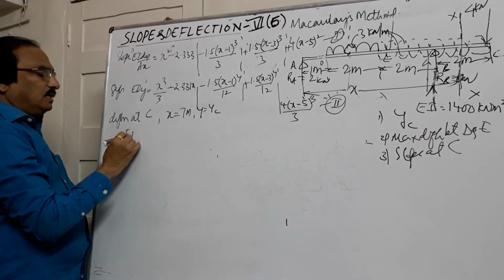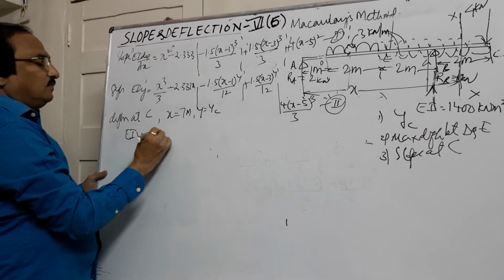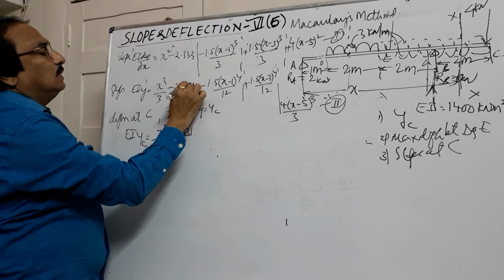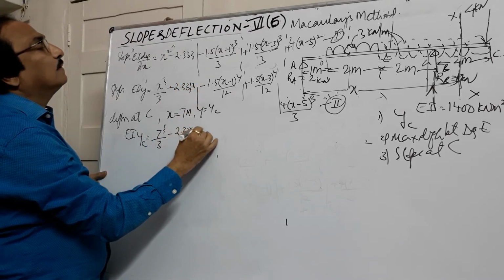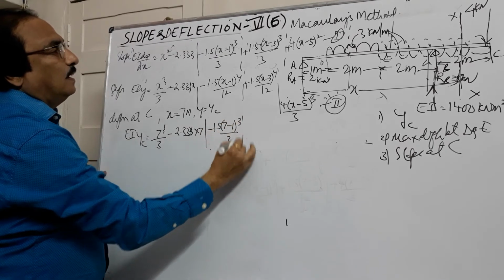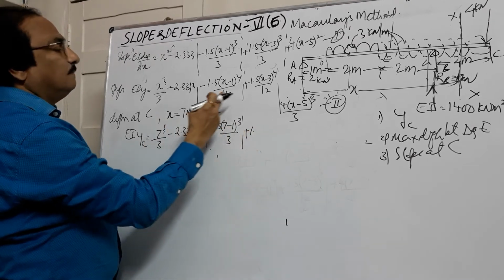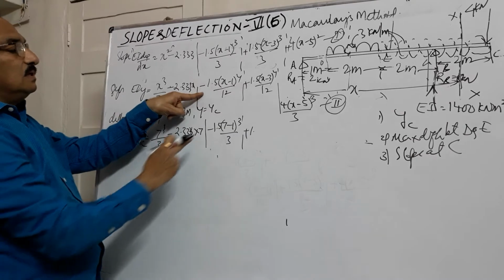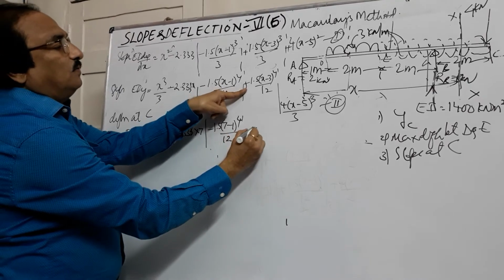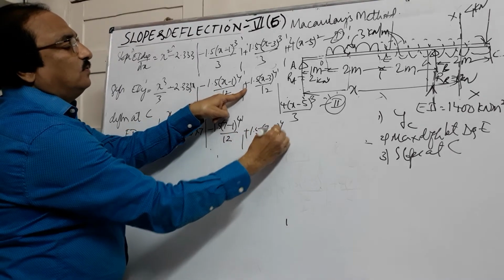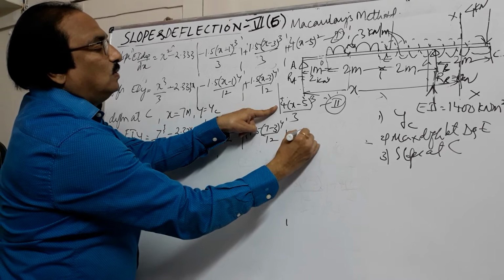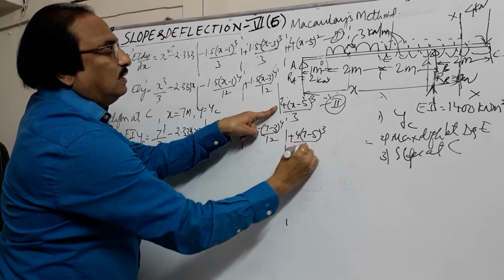So substituting here, EI YC is equal to 7 cube divided by 3 minus 2.333 into 7 minus 1.5 into (7 minus 1) raised to 4 divided by 12 plus 1.5 into (7 minus 3) raised to 4 divided by 12 plus 4 into (7 minus 5) raised to 3 divided by 3.